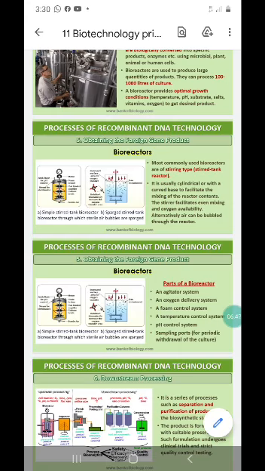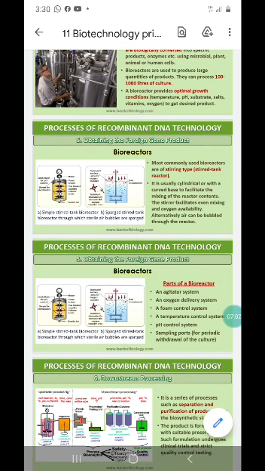Now, the products obtained are not in pure form. What products do you expect from these bacterial cells or animal cells? You might have studied it in the next chapter, applications of biotechnology.